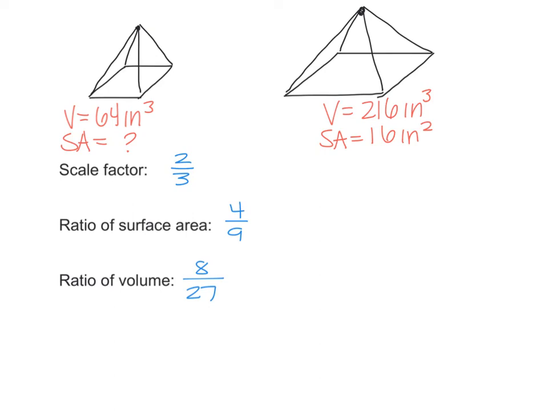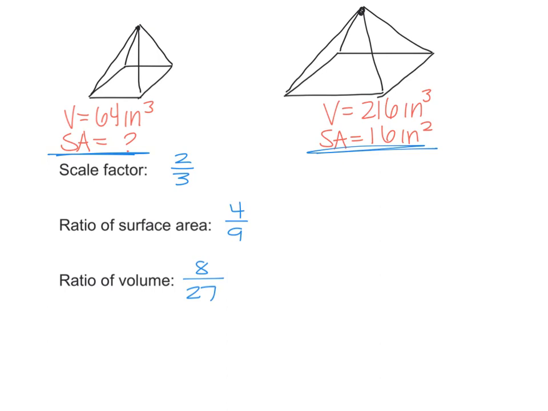So now I'm told another piece of information. I'm told my surface area of my larger one is 16 inches squared, and I'm told that the surface area over here is something else. So I want to know if these relationships are true, what is the surface area of this smaller pyramid?